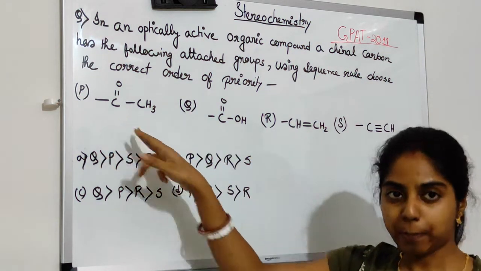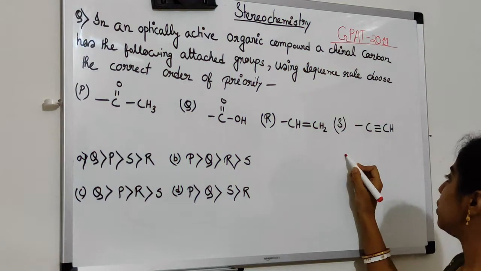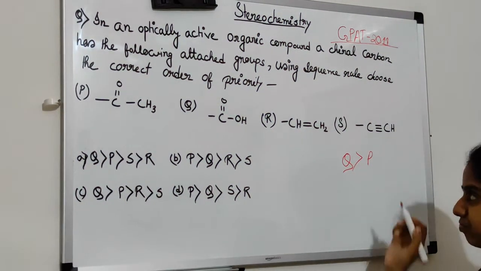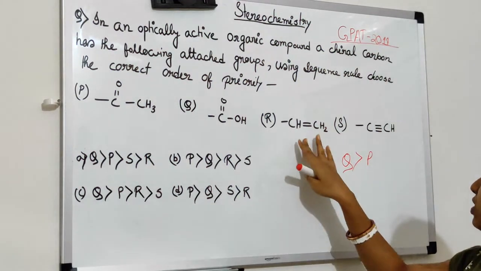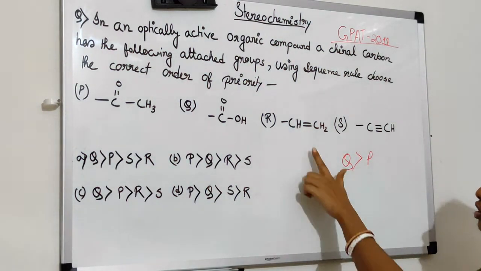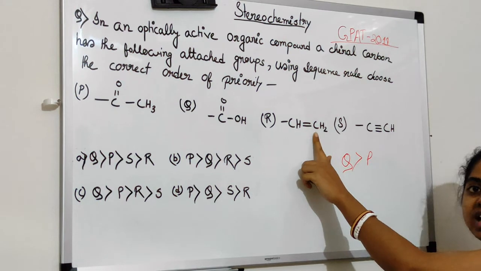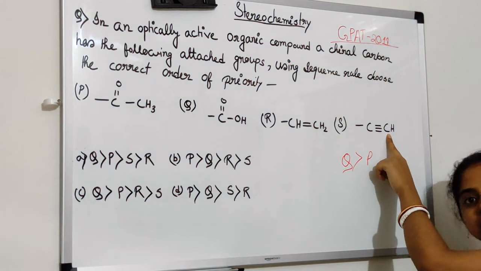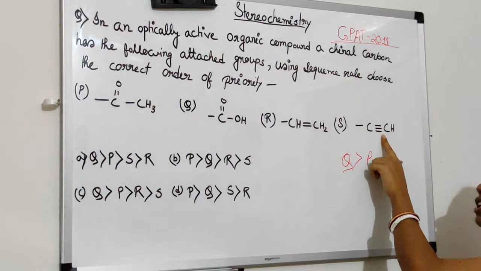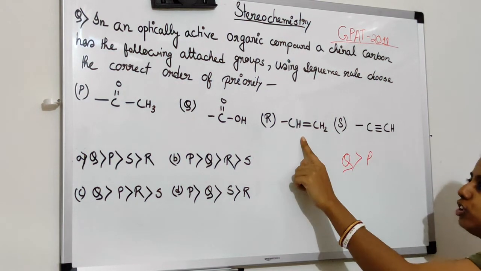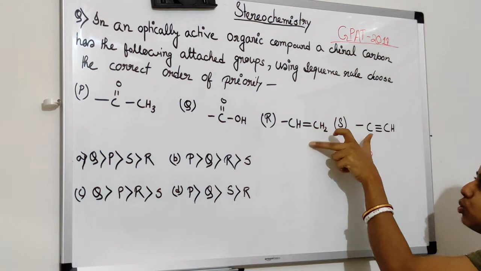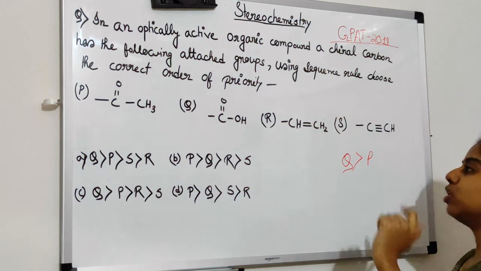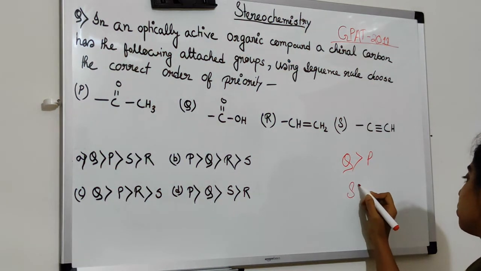So here Q is prior to P, right? Now coming to these two options, here carbon is attached with a carbon with a double bond, and here it is attached with a carbon with a triple bond. The triple bond has more priority as compared to the double bond. So among these two, this is the prior group.